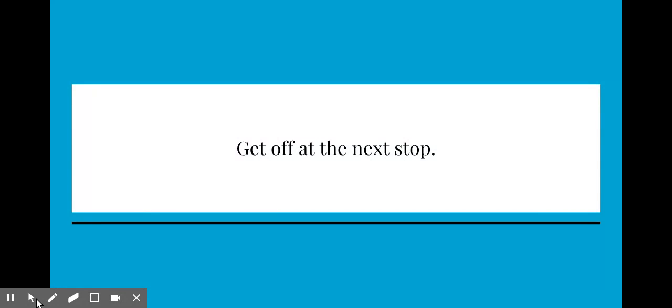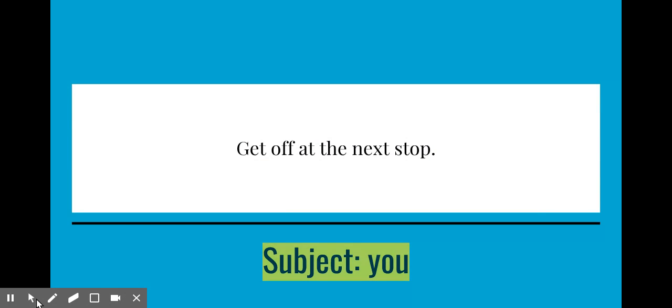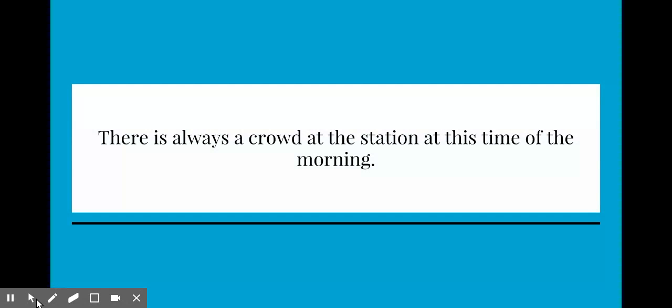What about this one? Get off at the next stop. Go ahead and pause. All right, the subject of this sentence is you. We have another imperative sentence here. What about this? There is always a crowd at the station at this time of the morning. Take a second, really look at that, and see if you can identify what is being talked about or who is being talked about.